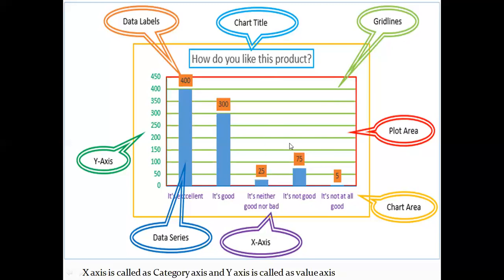The complete area till that is called the plot area. The plot area is a window within the chart area and it contains the actual chart itself, and it also includes other things like data series, data labels, etc., that we are going to see. But first make it clear that first we have the chart area, and on the chart area we have the plot area.